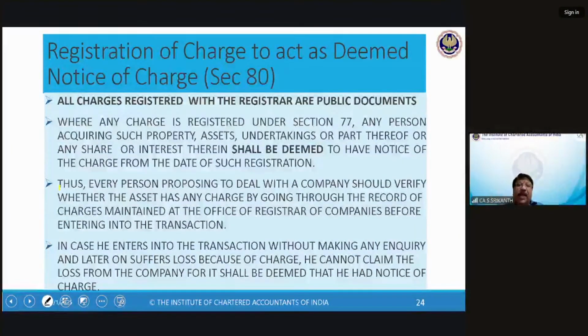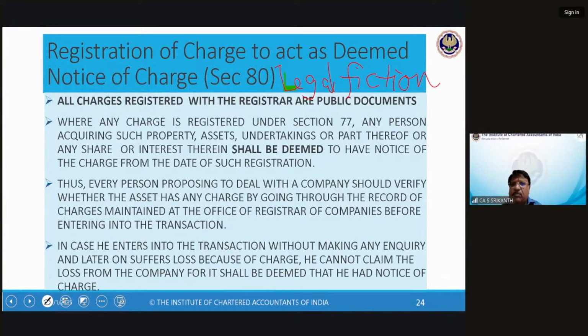Deeming means legal fiction. This is why the logic won't work here, because in law we create legal fiction. A lot of legal fiction. That's called a deeming provision. Later on in income tax, when you study the definition of income, Section 2(22), there is 2(22)(e), deemed dividend, one of the famous sections.